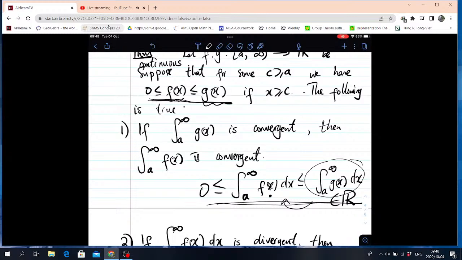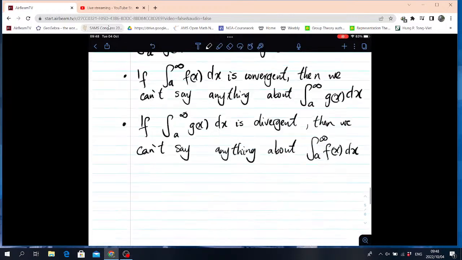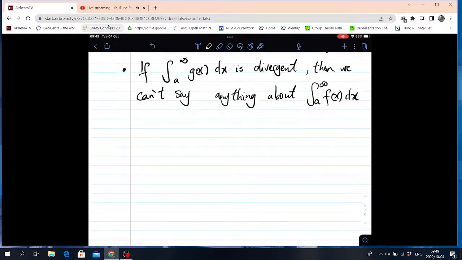Suppose you wanted to know something about the integral of f of x, but you know that this is divergent, then you can't say anything about f of x. The same applies if you know that f of x is convergent, then you can't say anything about the integral of g of x. So when you're trying to find the appropriate functions, we'll see when we do examples, you have to pick them carefully. Right. So that's the case.